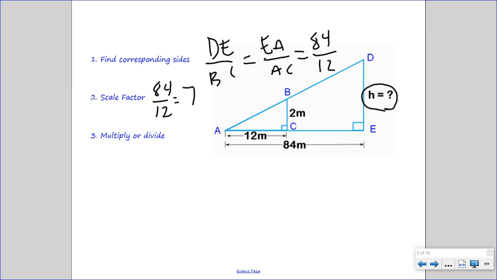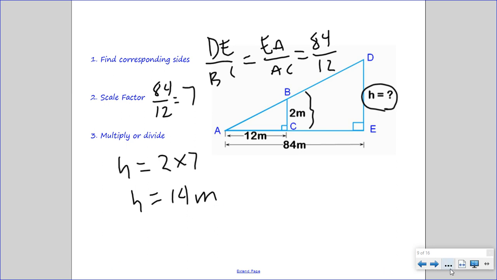Now all I need to figure out is this. The other corresponding sides are 2 and age. So I can see that age is bigger than 2. So all I have to do to find age is take the measurement of 2 meters multiplied by my scale factor. And in that case, this is going to be 14 meters.